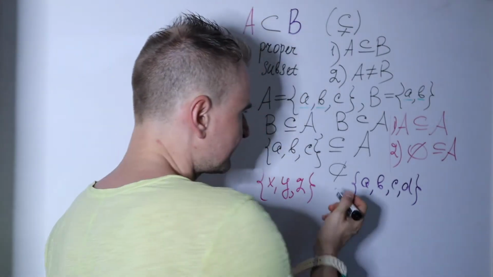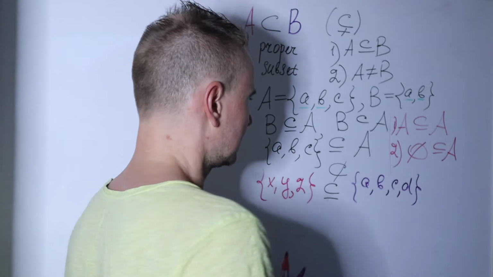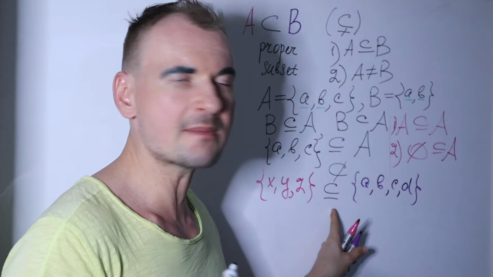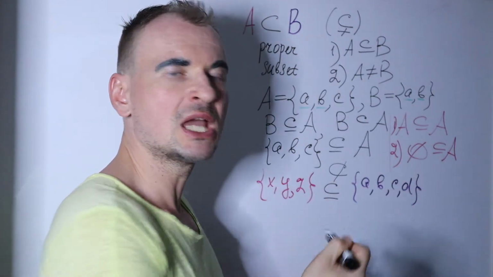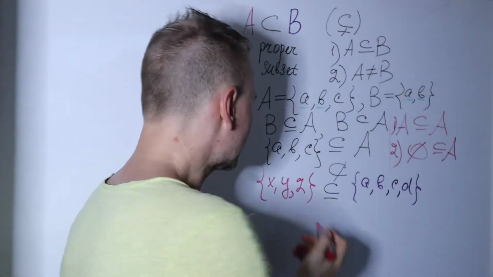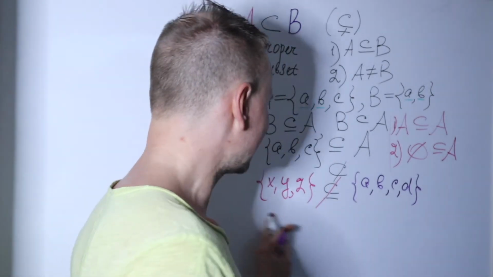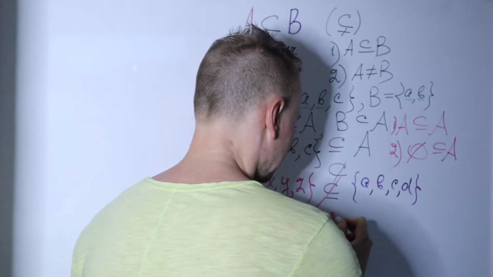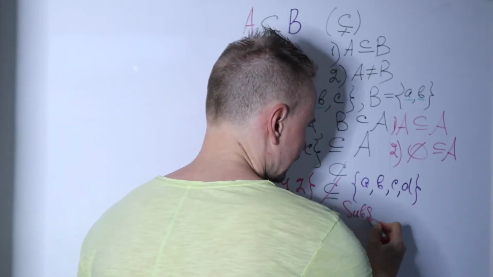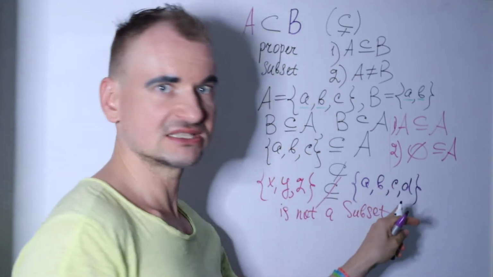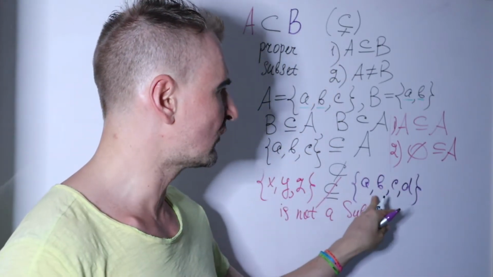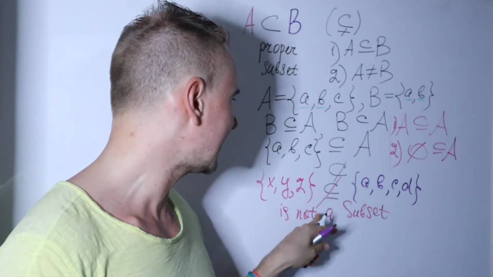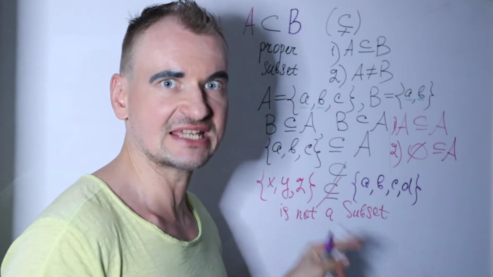So in this case, we could write this symbol, which is the symbol for a subset, and we can just put a slash through. So that means this set is not a subset of that set. The same goes for this set: this set also is not a subset of this set.